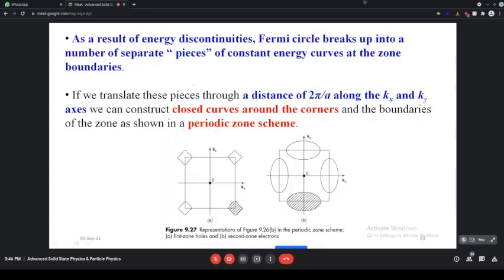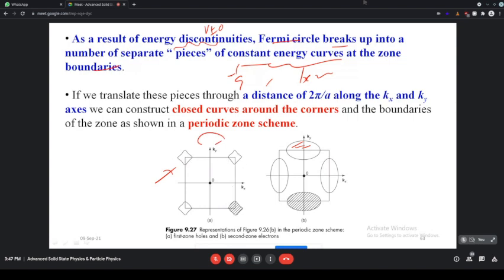No doubt, if V is not equal to 0, there is the energy discontinuity whenever this Fermi surface is crossing the zone boundary, and there is the formation of pieces of constant energy surface or Fermi surface at the zone boundaries. But applying the reciprocal lattice vector and using the periodic zone scheme, we can bring all these in one place. Like here, this is at one place, and then using the periodic zone scheme, we can represent.